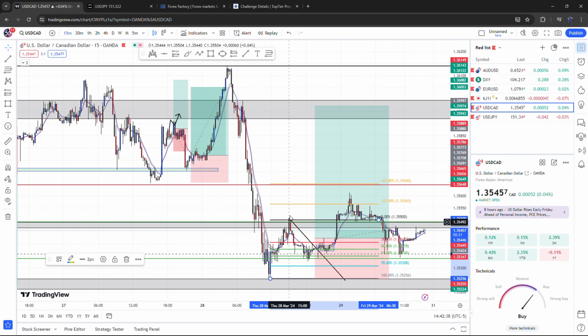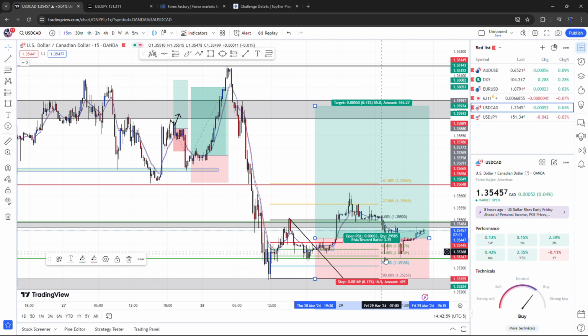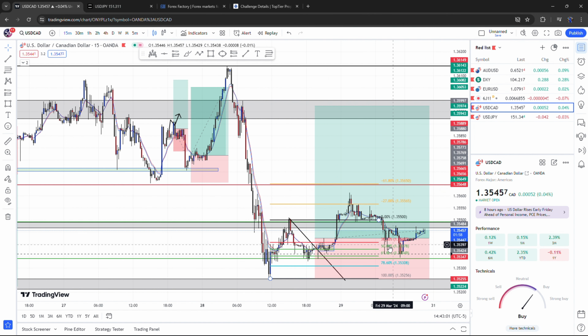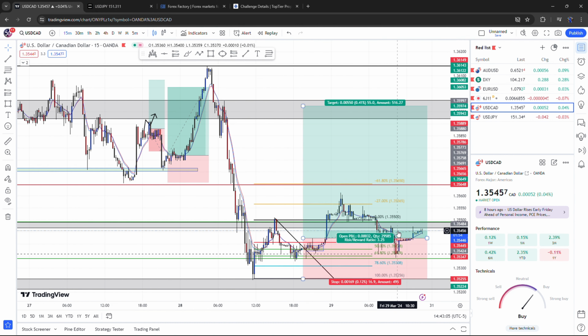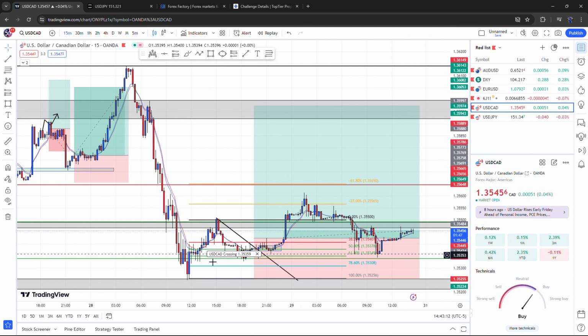Have A, B, the point where it starts retracing, and then C, which I would take a position at the 61, 50, or 38 extension to go all the way to the 27. But I didn't take profit, and that made the trade go all the way back down, and then I closed early because I'm just so frustrated and I didn't want to make any more mistakes for this trading week.